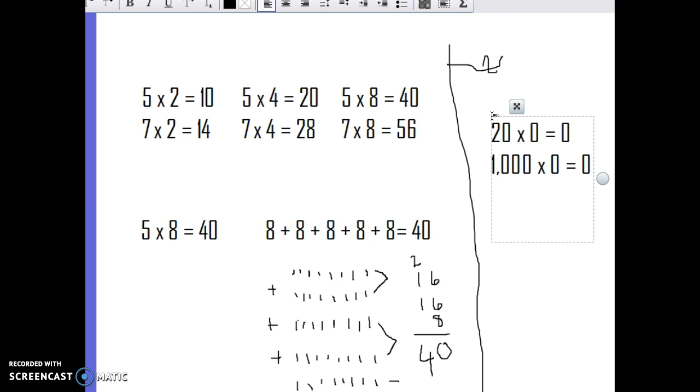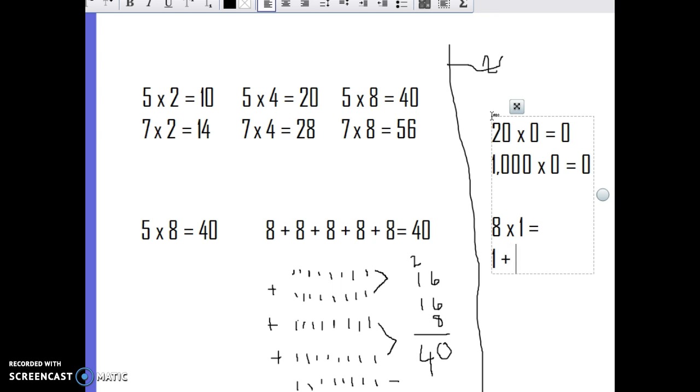But if I have ones, let's go back to the 8s, because that's what we did this week. 8 times 1, okay? So I can think of it different ways. I can have 8 ones.